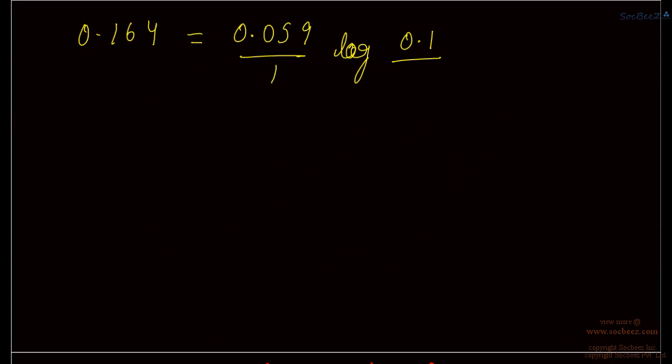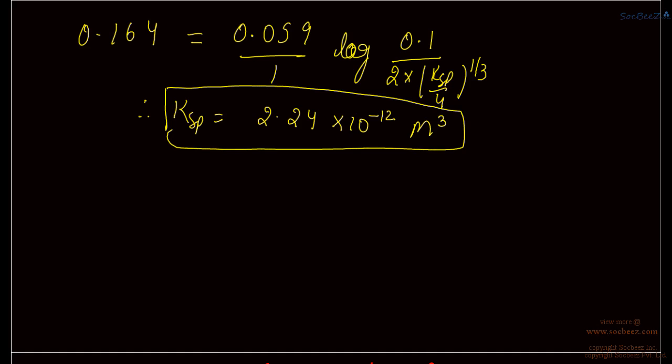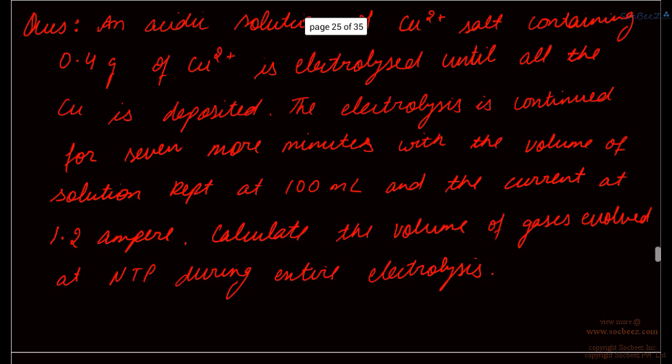So at 298 Kelvin it is 0.059 upon 1 log of 0.1 upon 2 into (Ksp upon 4) to the power 1 by 3. So therefore, if we solve it further, we get the value of Ksp as 2.24 into 10 raised to the power minus 12 molar cubed. Okay, so this was the answer of this question.